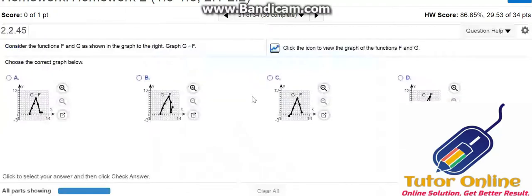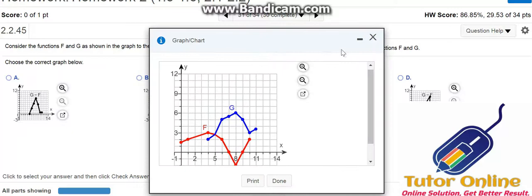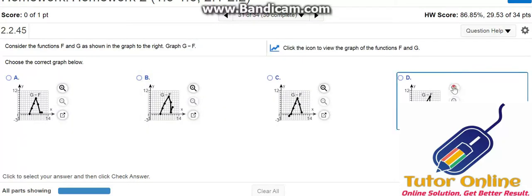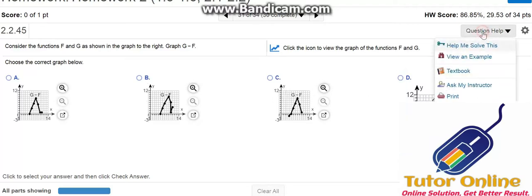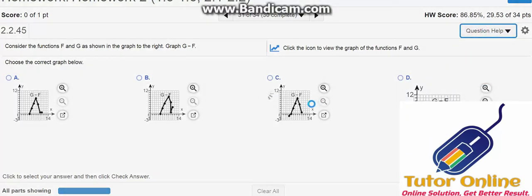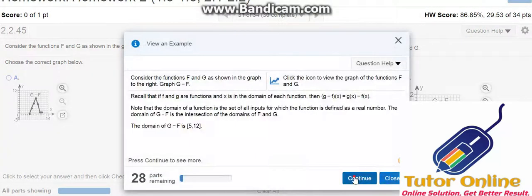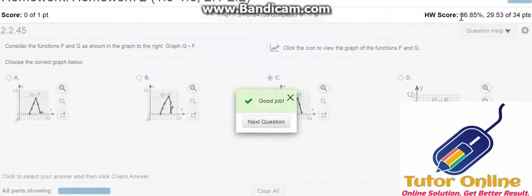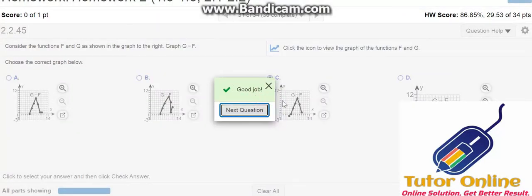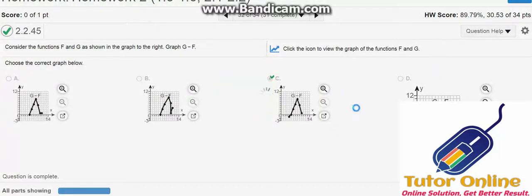So we will look at an example. That's how it's possible. After that, I checked. Let's see. Thank you. Let's move to our next question.